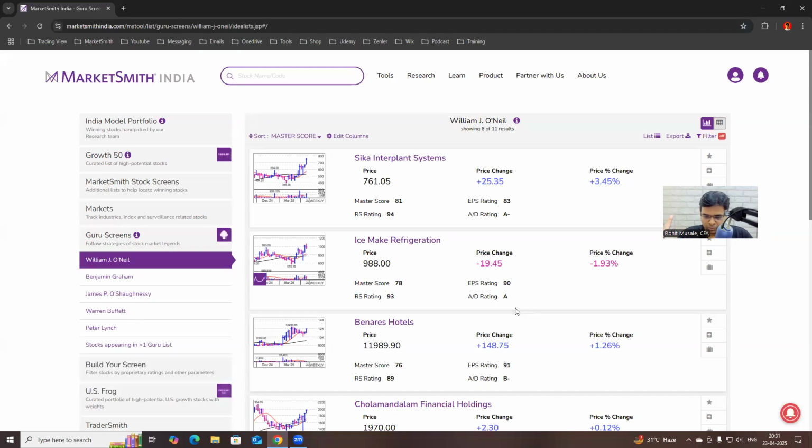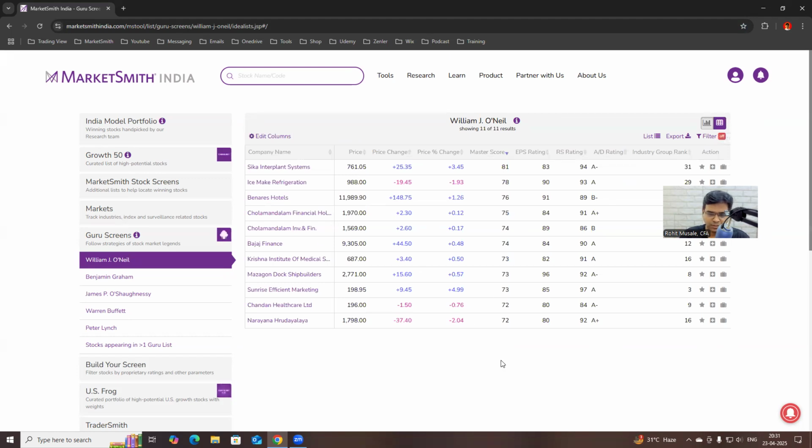They would look at a broad range of stocks that satisfied some basic non-negotiable criteria, and then they took it forward from there. For example, see, just because a stock comes in this list doesn't mean that you have to buy. You have to do further analysis.